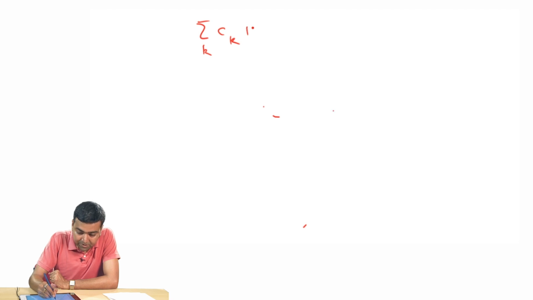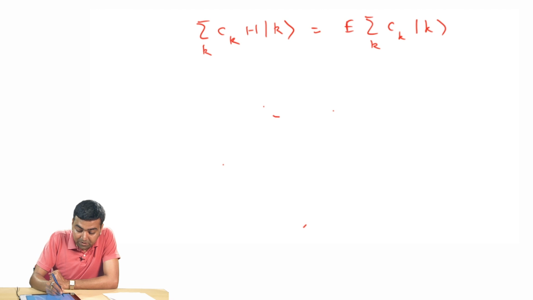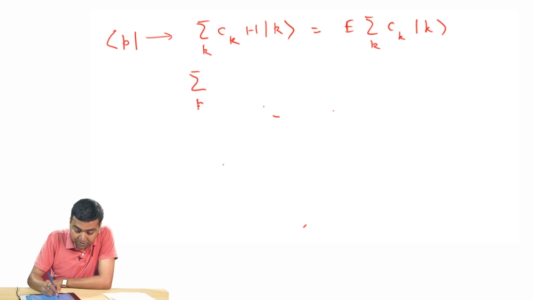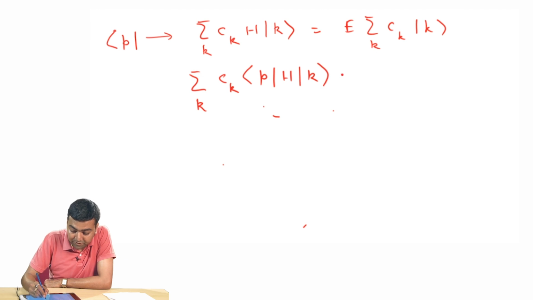We have the sum over k of C k, H acting on k, equals E times the sum over k of C k k. Now, if on this equation I act with P, what I will get is the sum over k of C k, then P H k, equals, since E is a number it will not act on it, and C k is also a number, we will get P k.